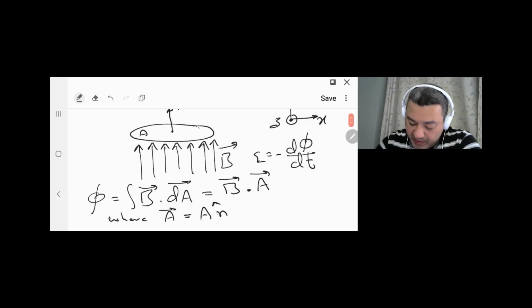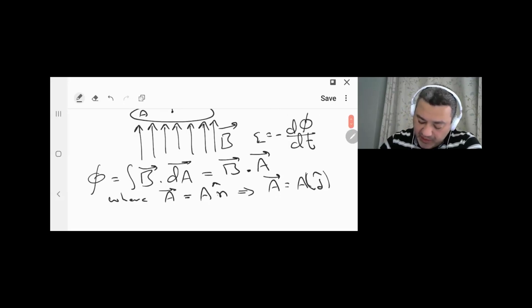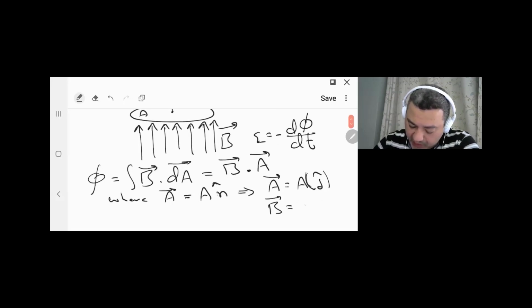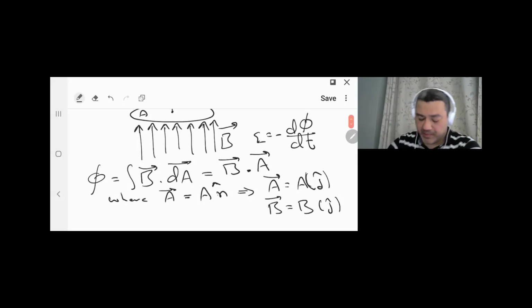So in my case here, according to the coordinates that I have, I can say that this A is A j hat. And also the magnetic field is pointing in the positive y direction, so this one is B j hat as well.